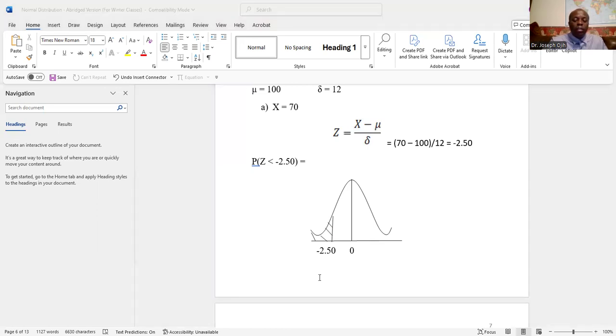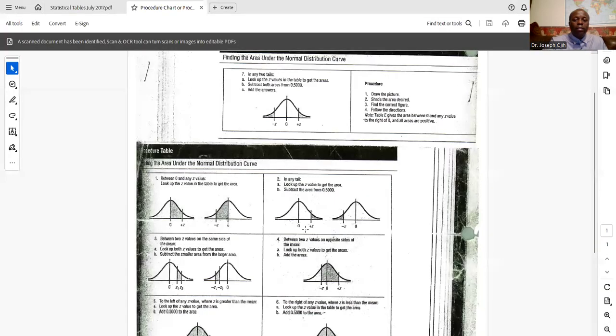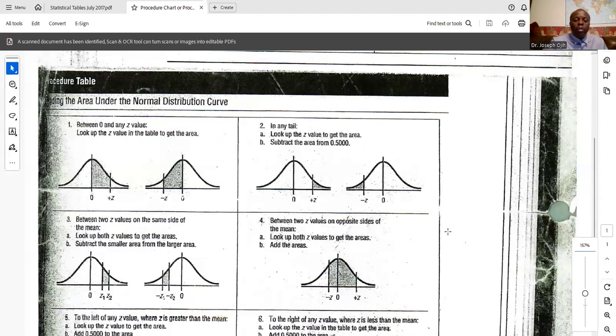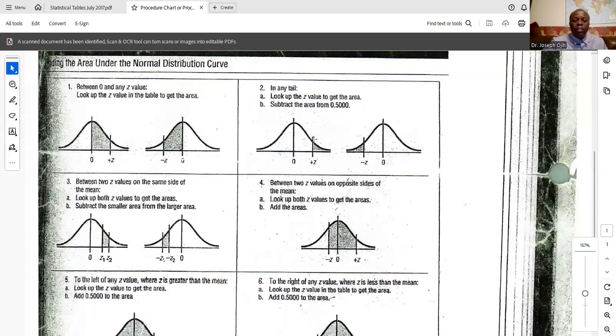You can see it right here. And you can also see that the second one looks exactly like what we drew. The instruction there is to look up the z value to get the area, and subtract the area, so long as it is at the tail. This is the tail.